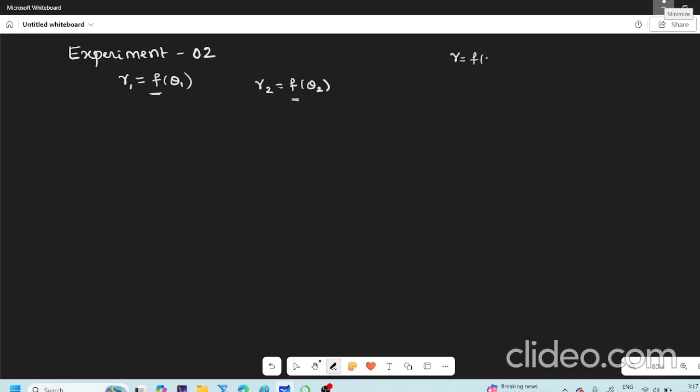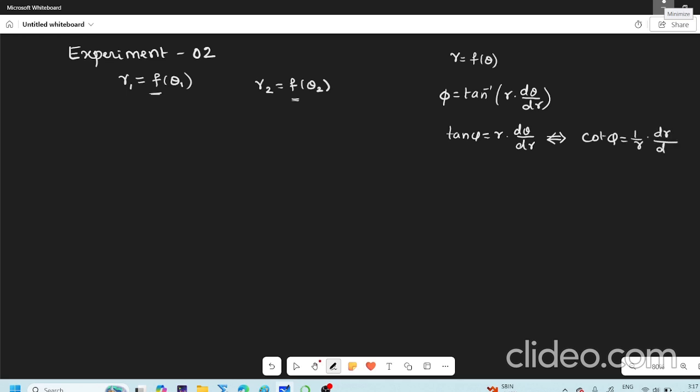If we have the curve r equal to f of theta, then the angle between the radius vector and the tangent is given by phi equal to tan inverse of r into d theta by dr. Or we can simply write tan phi equal to r into d theta by dr, or the equivalent expression cot phi equal to 1 by r into dr by d theta.